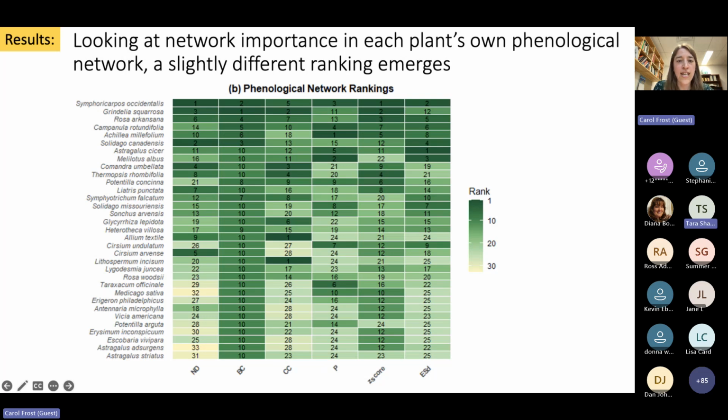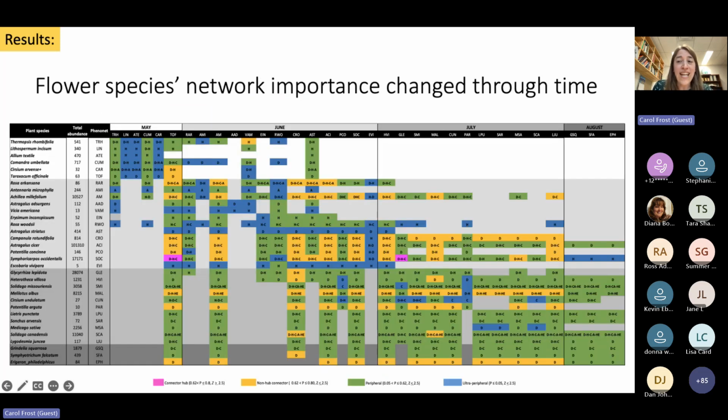Looking at flower species network importance through time, so this is a very overwhelming graph, but we've got plant species here, and we've got time across this x-axis, and then there's a color in the plant species row for the whole time that it's blooming. And what that color is shows its network importance. So pink is, at that time, that plant was playing a very important role in the network.